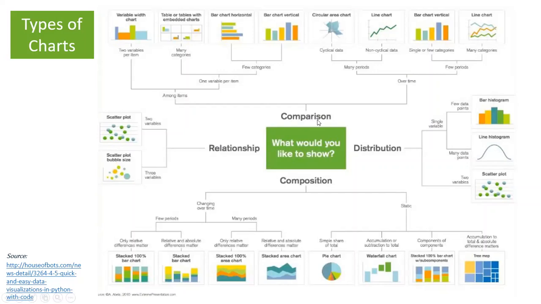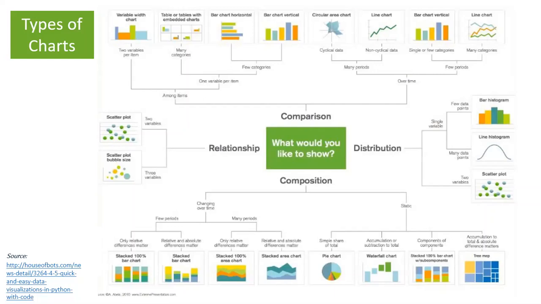So just a brief, when you want to compare data, you have an option of using, and just pick a few of these, bar charts, horizontal or vertical. It's interesting that these are actually options that most people don't think about. So mostly bar charts, horizontals are used when you have a lot of variables.